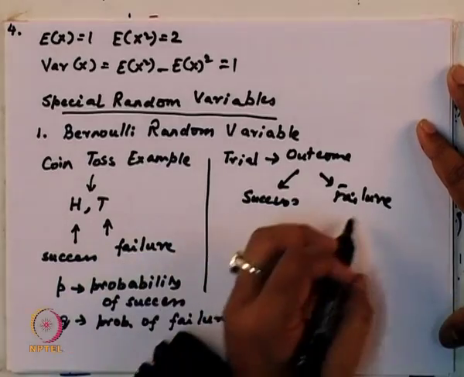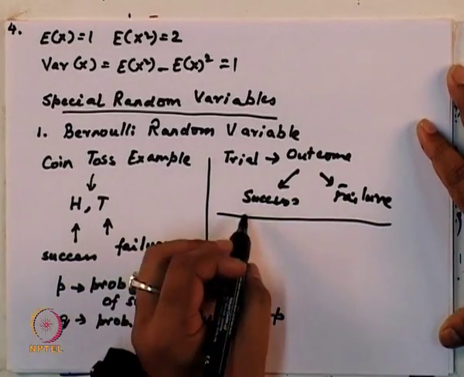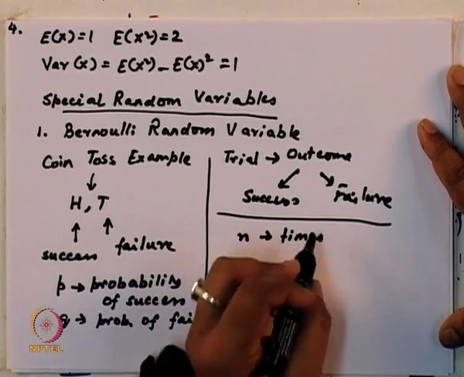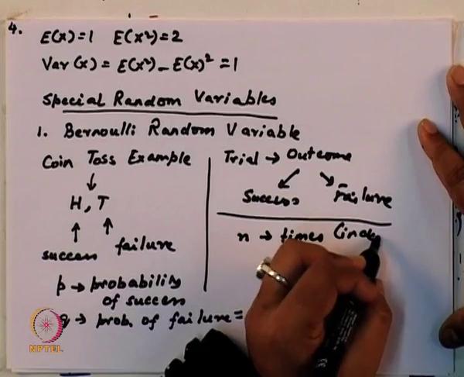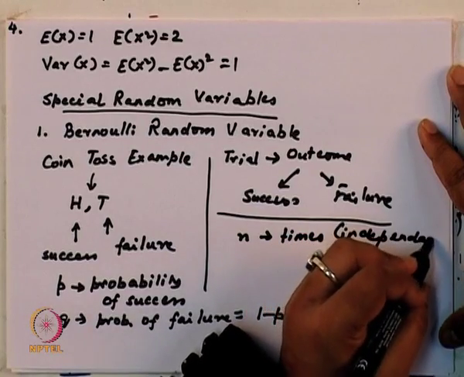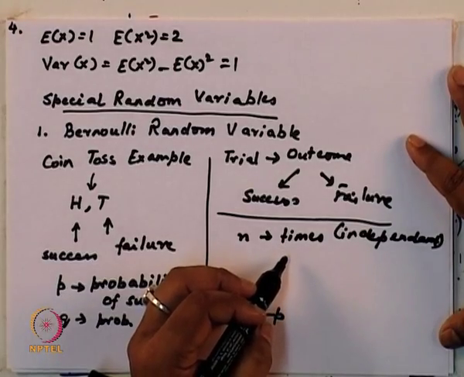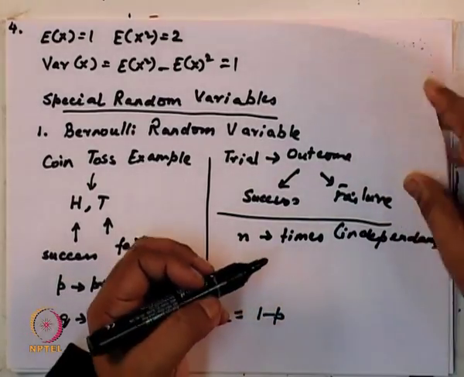Now imagine you keep repeating the same trial n times, independent. The outcome of one trial does not influence the outcome of the next trial, and so forth.